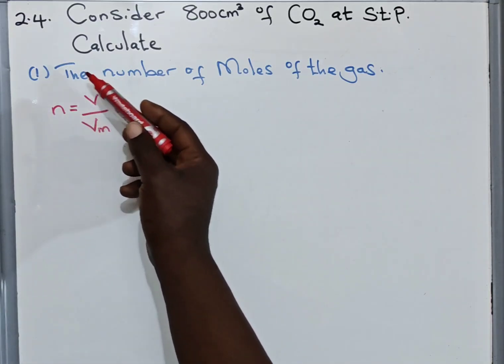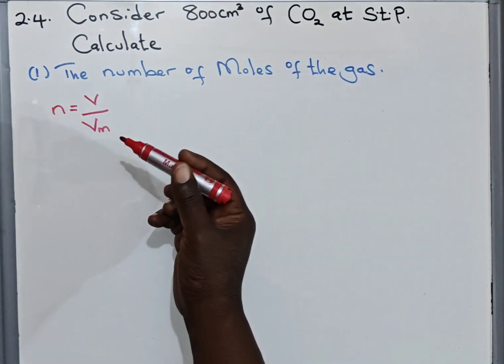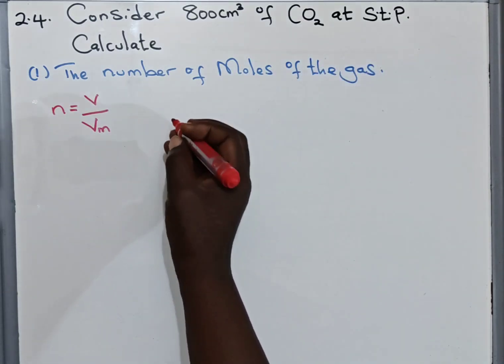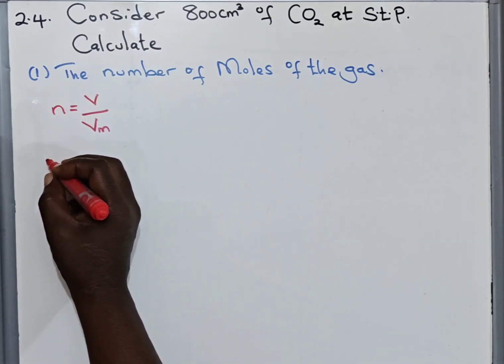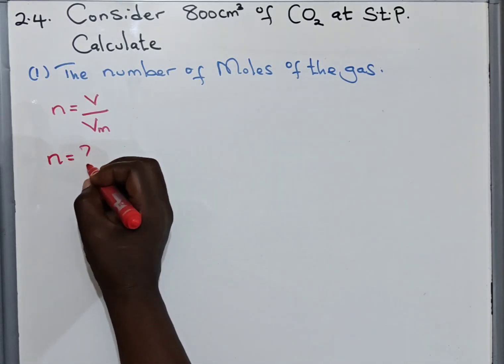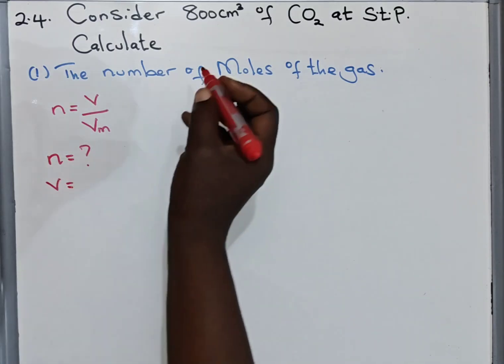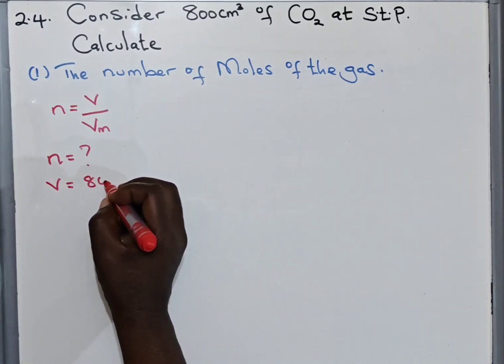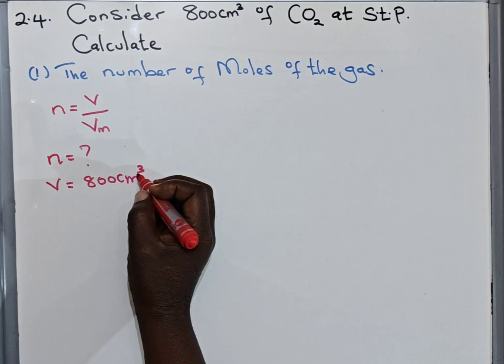The conditions are STP, so the molar volume must be at STP. We look for what we have. You're looking for number of moles. We don't know it, but we know the volume, which is 800 cubic centimeter.